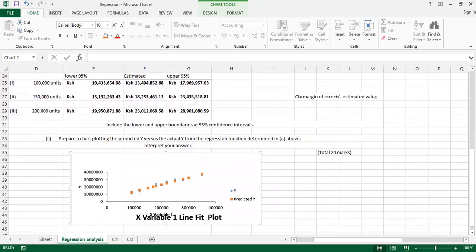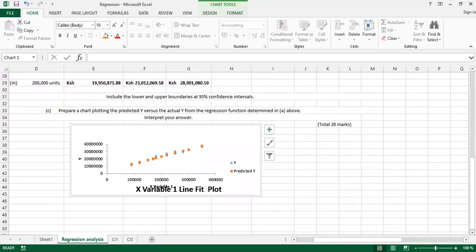You can see that actually y versus the predicted y here, almost everything is falling in, but just a few, because of the variances. Actually, that is the interpretation. There's no other interpretation, right?